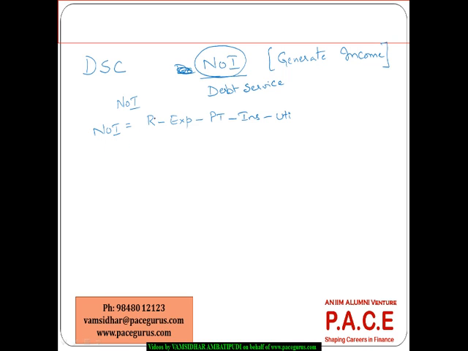So the net operating income is computed through this. I will check by how much this is more than the interest and principal that needs to be paid during this particular period. If the net operating income is very high compared to the debt service, it is an indication of the better security of that property.